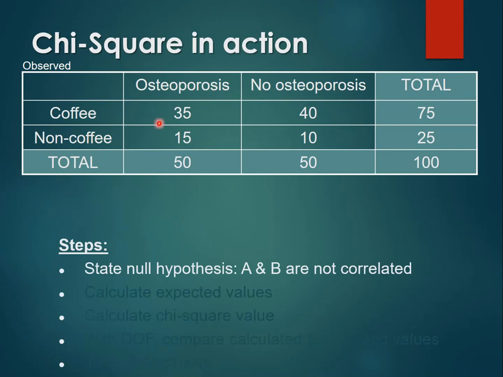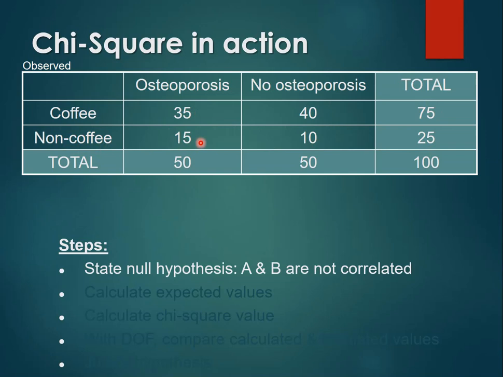And these are the values. For example, we have a total of 75 coffee drinkers, and out of this 75, 35 have osteoporosis and 40 don't have osteoporosis. And for those non-coffee drinkers, there are 25 of them. 10 of them have no osteoporosis and 15 of them have osteoporosis.